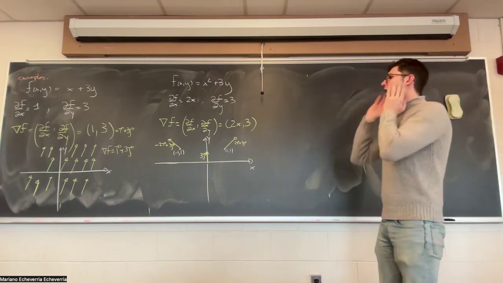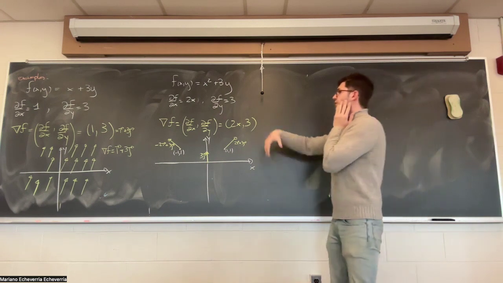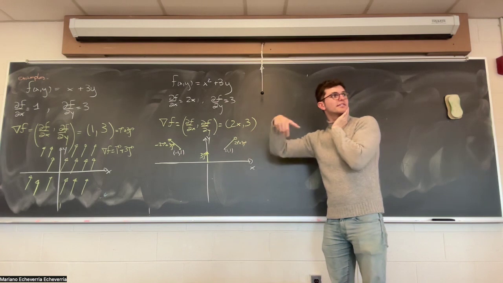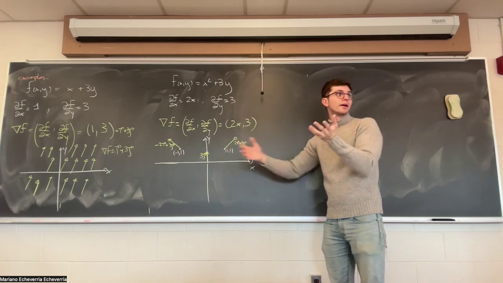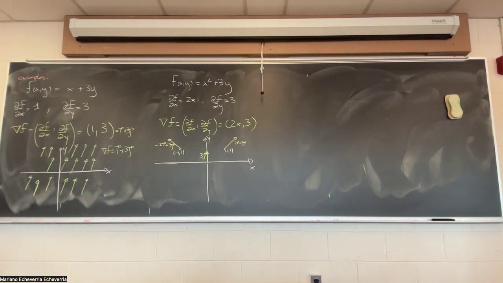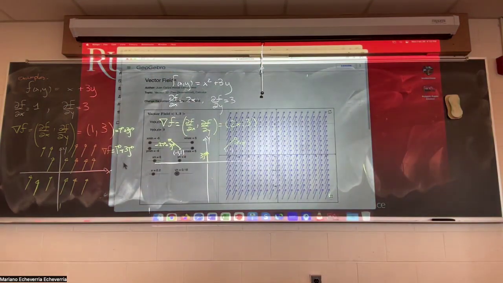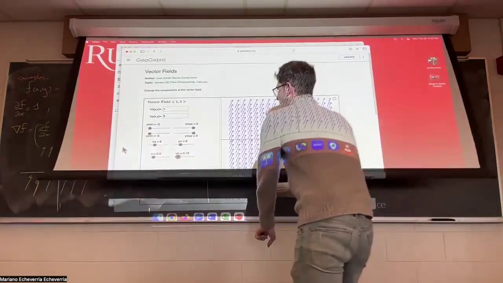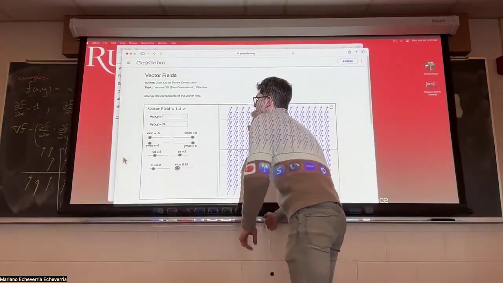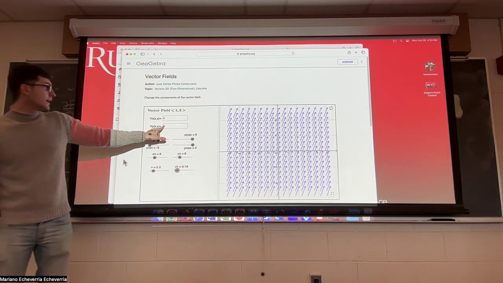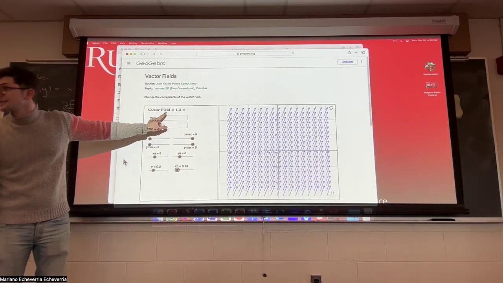So that's why, when it comes to something like the gradient, it makes sense to draw a vector for each point in space, because the formula is allowed in general to depend on the particular point. If you do the same thing that we were doing before with the other vector, the second entry was still 3, but now I'm replacing the first entry with 2x instead of just 1.